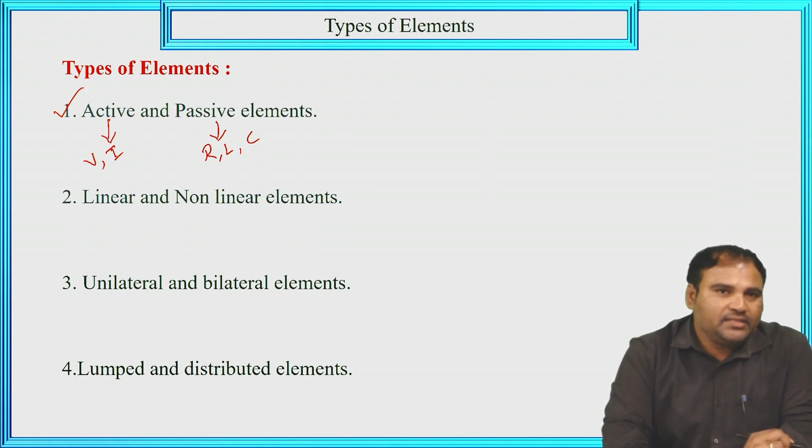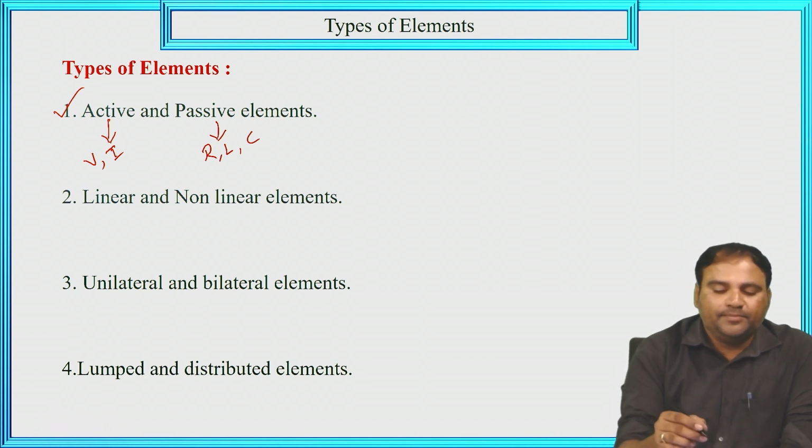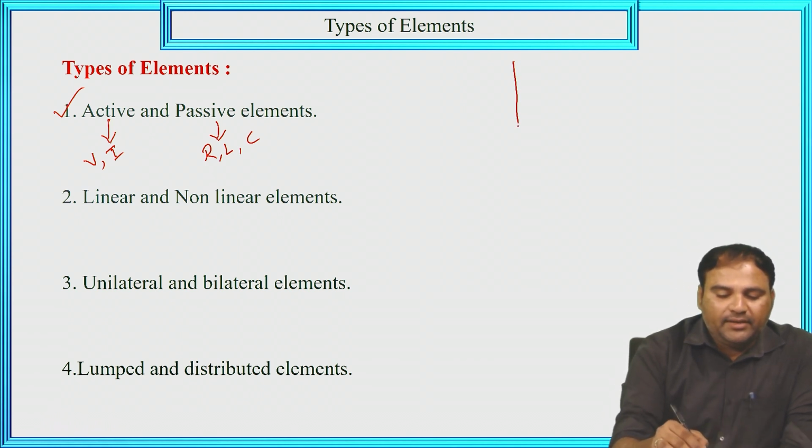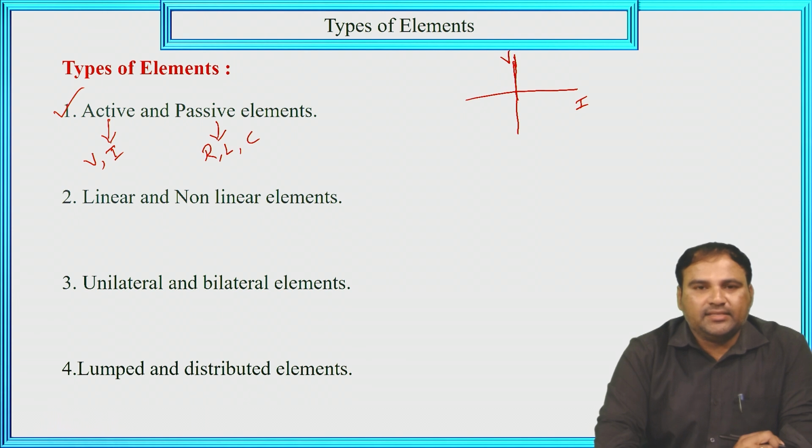And second one is linear and non-linear elements. So what is meant by linear elements? Here I am taking one graph, voltage and current. Linear elements are those whose voltage and current characteristics pass through the origin and which satisfy the superposition theorem principle.